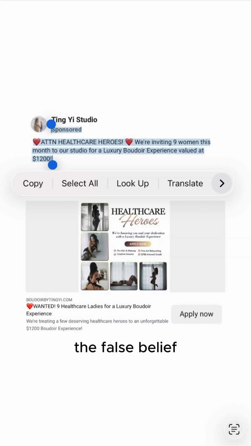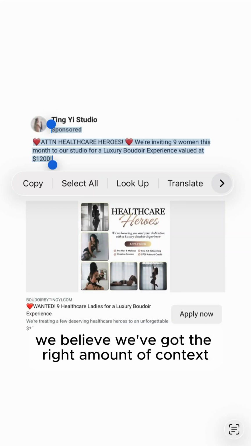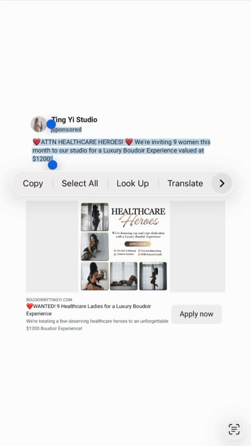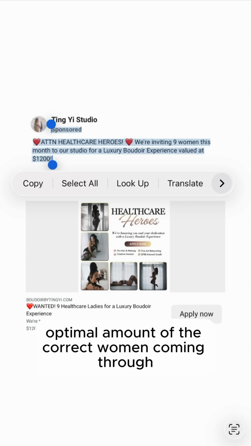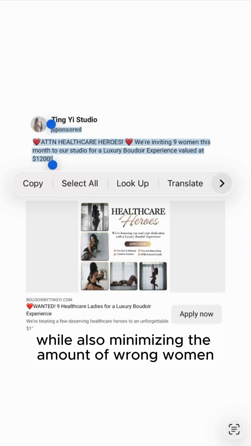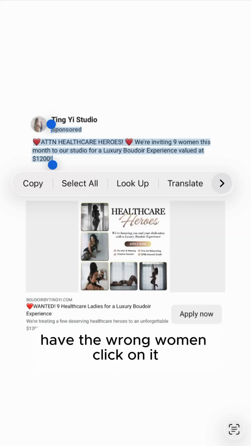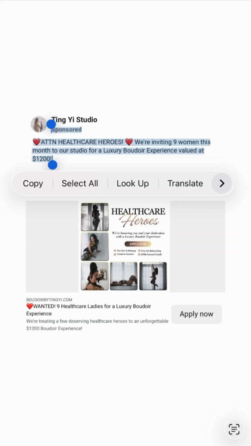The false belief that's causing us to make this mistake is we believe we've got the right amount of context to have the optimal amount of the correct women coming through, pulling our unique CTR above 6%, while also minimizing the amount of wrong women clicking somewhere on our ad, because we don't want to confuse the Meta ad algorithm with the wrong women clicking on it.